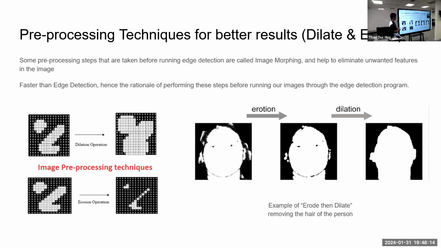So now let's take two examples here. You can see two separated features in this image. Basically, an image is just a two-dimensional array, right? So you can consider all black objects as 0 and white objects as 1. Upon performing dilation, we are basically inflating both the features.